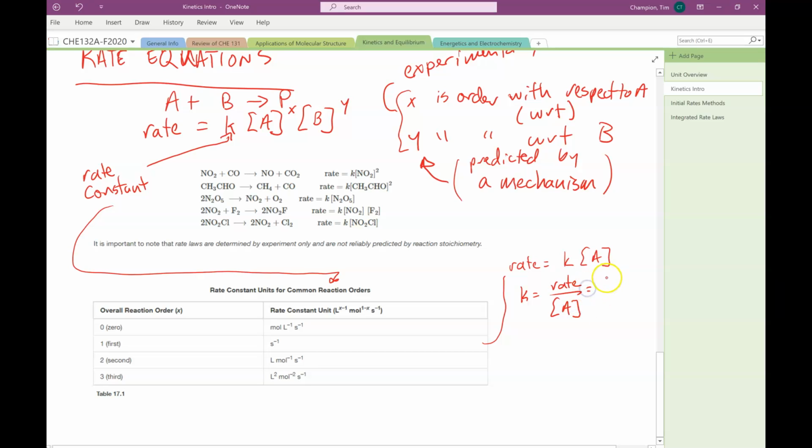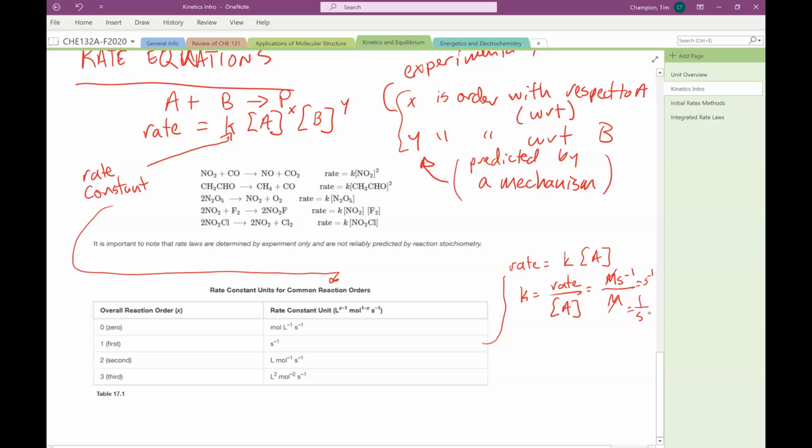Now, the rate is going to be in something like molarity per second, and the concentration of A is going to be in molarity. Rate is concentration divided by time, so I'm assuming it's seconds. So M s^-1, same thing as M per s, or M/s. If we cancel out the M's, then we wind up with seconds to the -1, or 1 over seconds, however you want to call it.